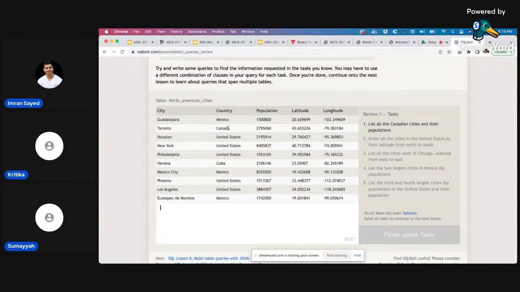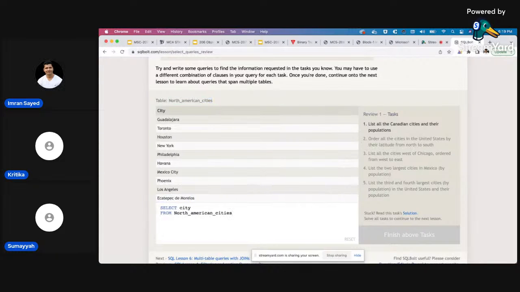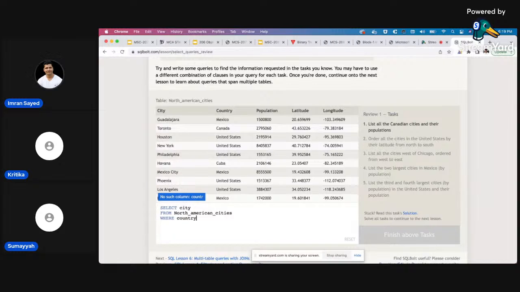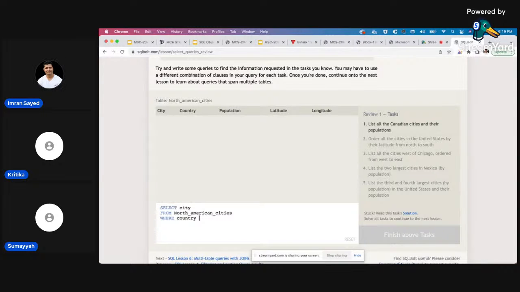So where country equals Canada, and I want all the cities, so select city from the table called North American cities, and where country, was it countries or country? Country equals, you have to put in quotes, Canada.